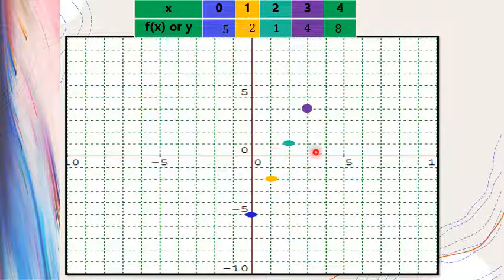So 1, 2, 3, and then 1, 2, 3, 4. So that's 3 and 4. And then for 4 and 8: 1, 2, 3, 4, then count 8: 1, 2, 3, 4, 5, 6, 7, 8. So now we're going to connect a line. That's the graph.